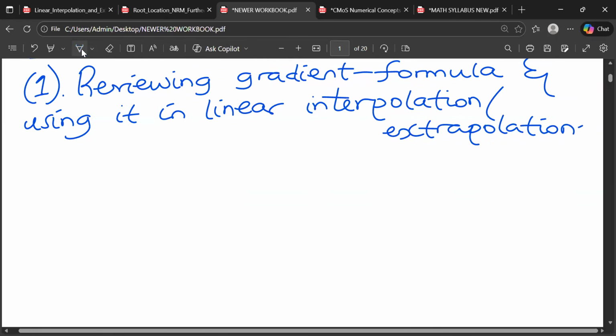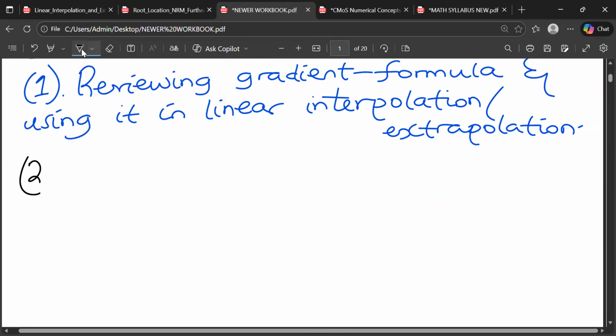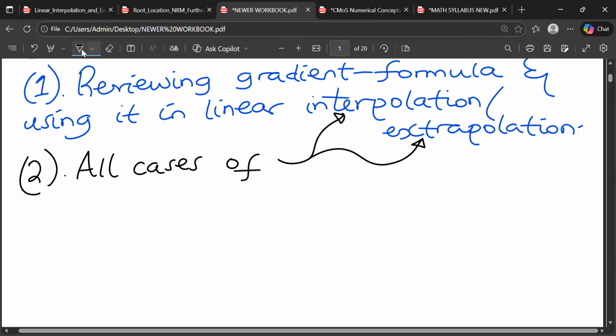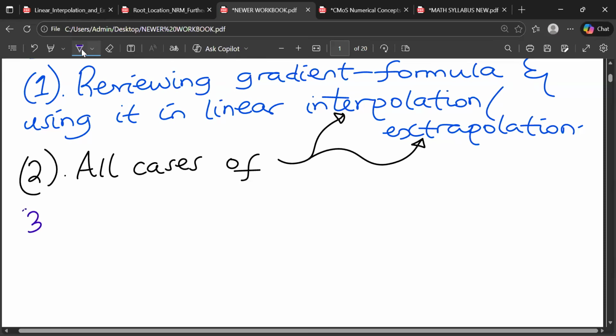We are going to look at all cases of these two: all cases of linear interpolation, all cases of linear extrapolation. Then a 3 shall introduce.